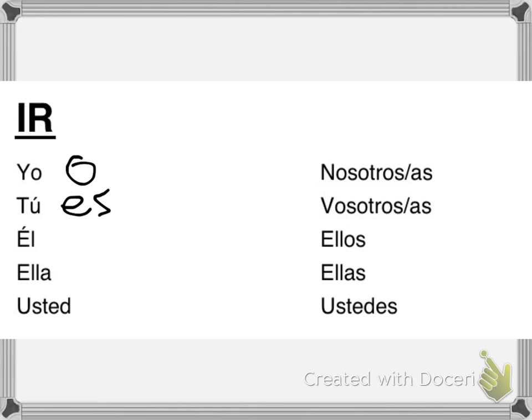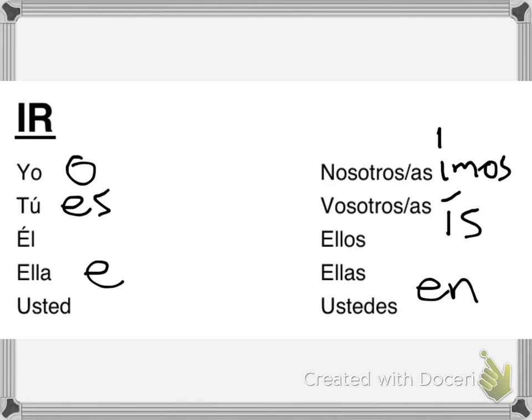And for él, ella, and usted, use the letter E. For nosotros, you are going to use the letters I, M, O, S. For vosotros, use an I with an accent, S. And for ellos, ellas, and ustedes, use the letters E, N. The pronunciation for these is O, es, e, imos, is, and en.